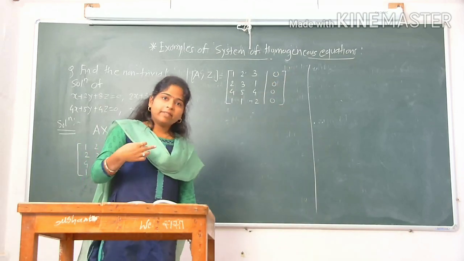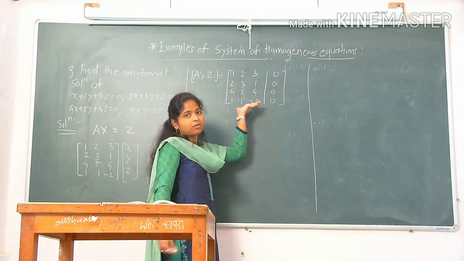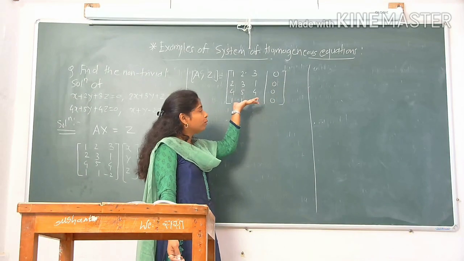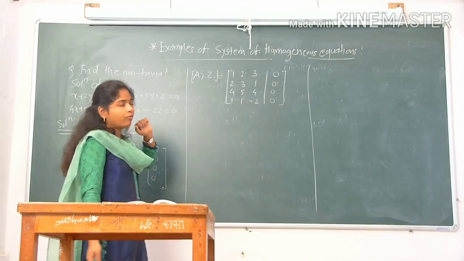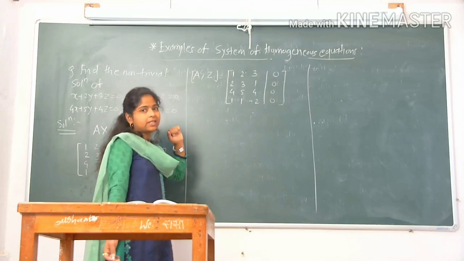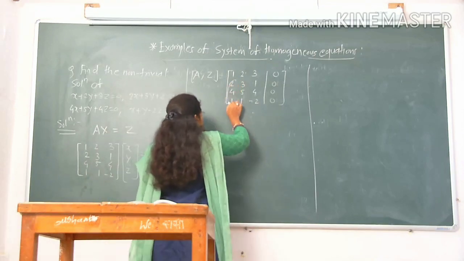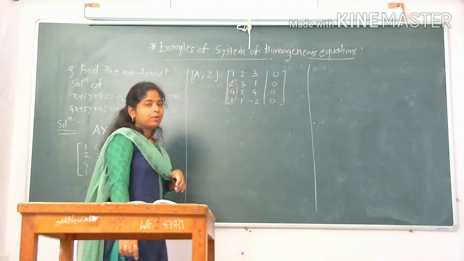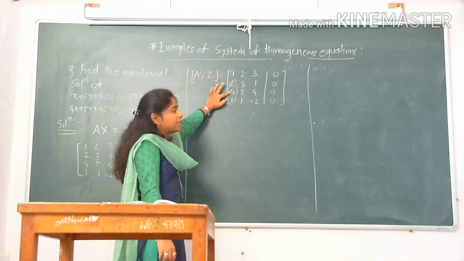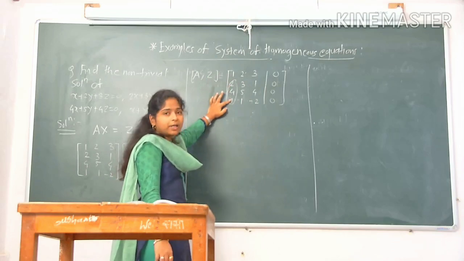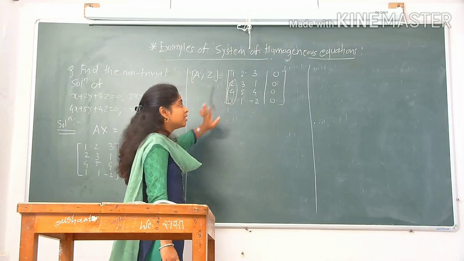So our next step is we have to convert this augmented matrix, or this matrix A, into row echelon form by using row transformation. For converting the given matrix in row echelon form, we have to make first these elements to be 0. So by performing R2 minus 2R1, R3 minus 4R1 and R4 minus R1, we can get these elements to be 0.